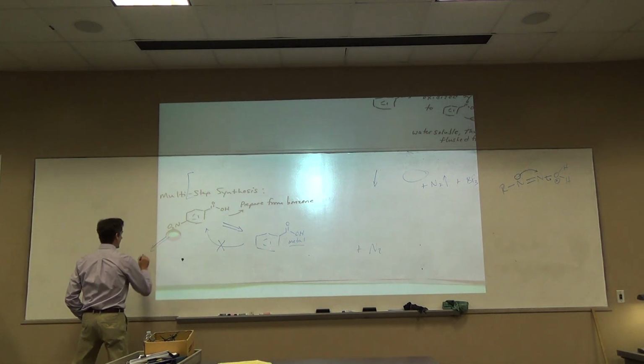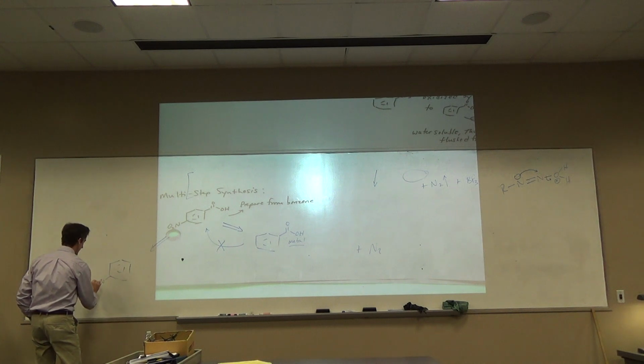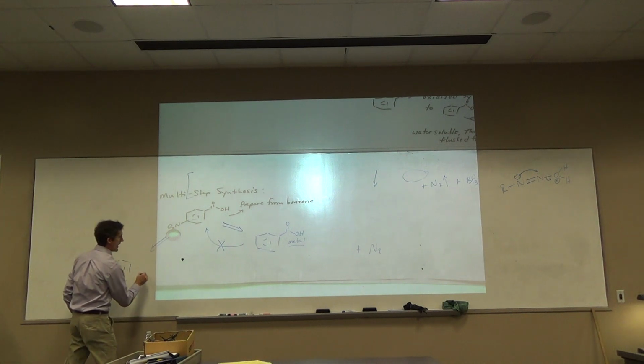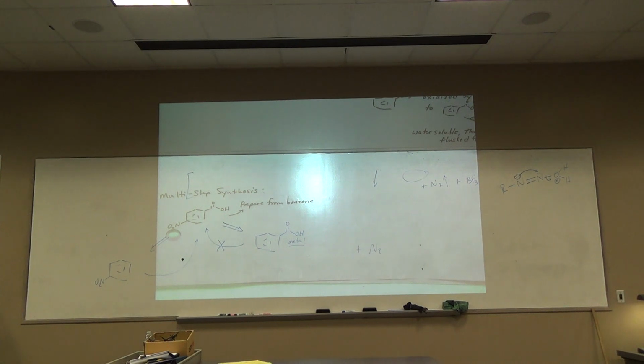Can we go back the other way? Can we take nitrobenzene and put on a carboxylic acid? No, not directly. We actually have two problems here. First off, we know no way to put on a carboxylic acid directly. We can do it indirectly. But what's the other problem?